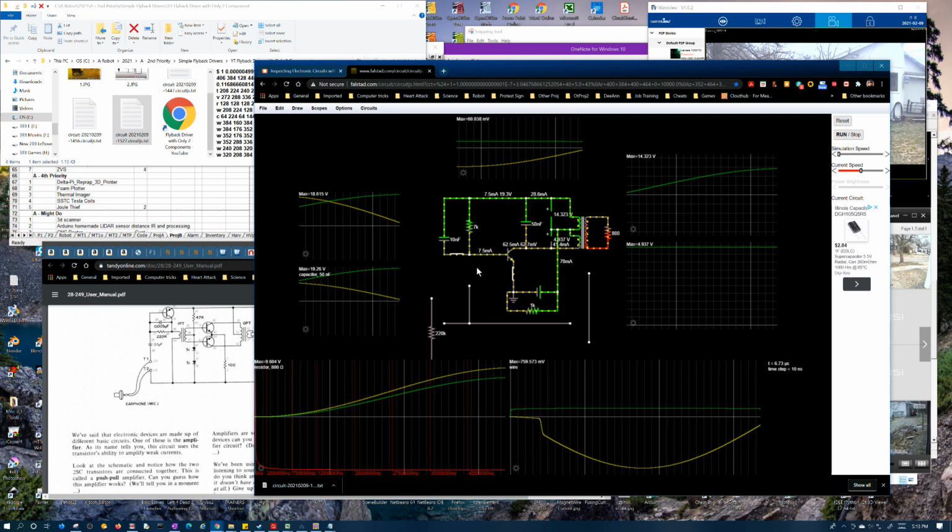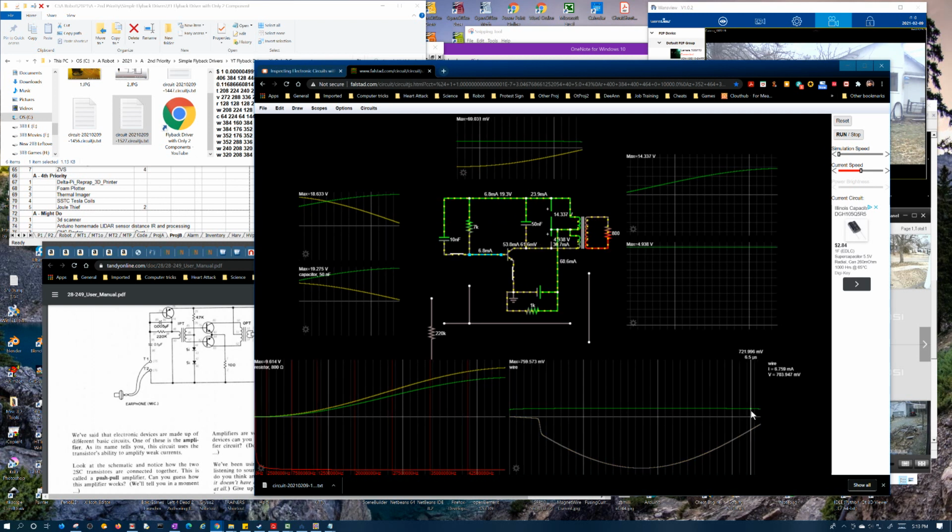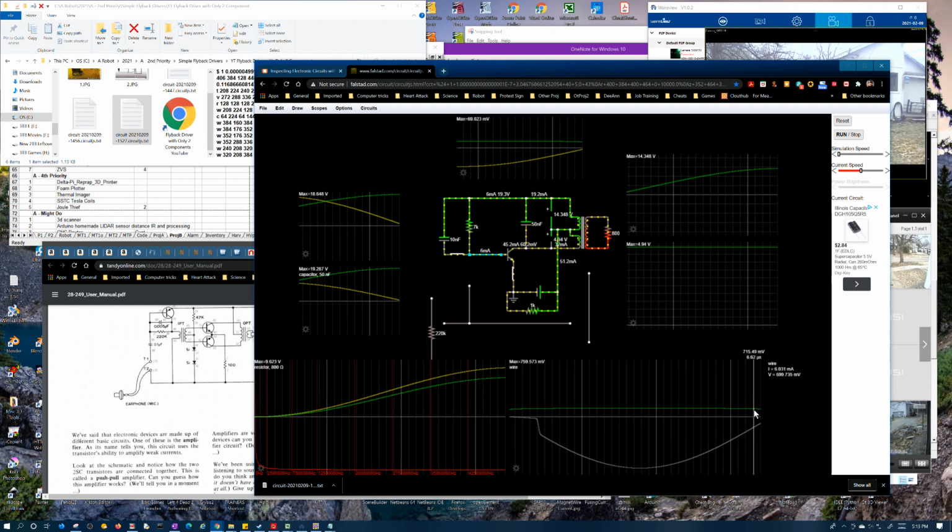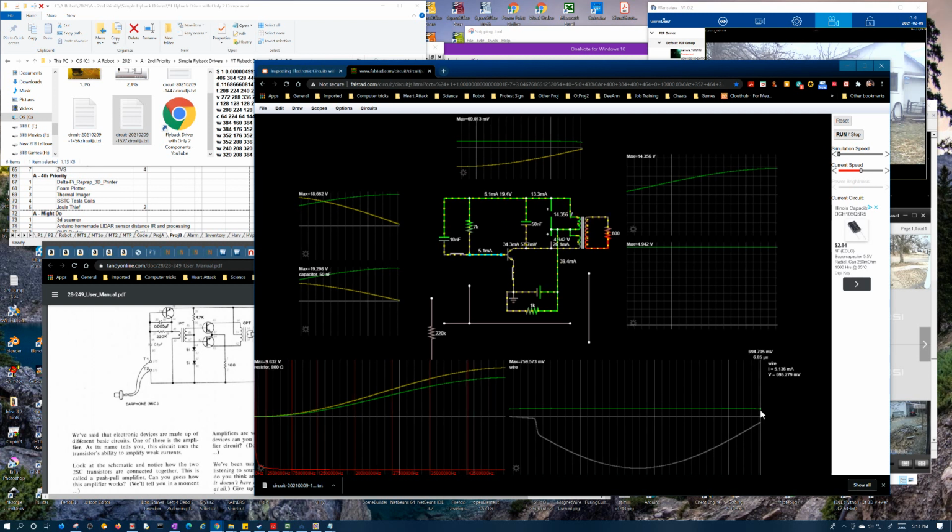You can see the base voltage here is 700 millivolts, but it's starting to fall.